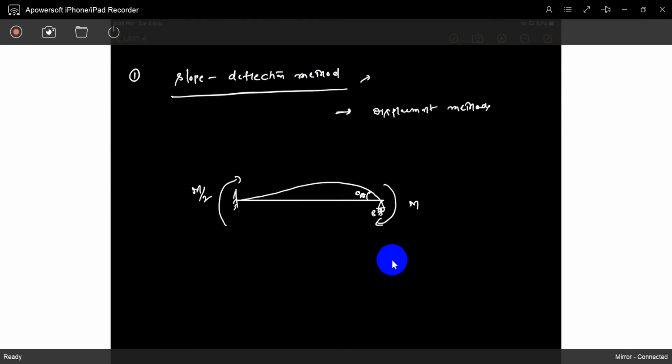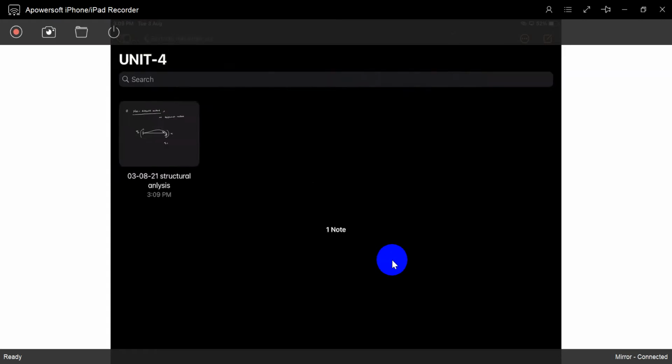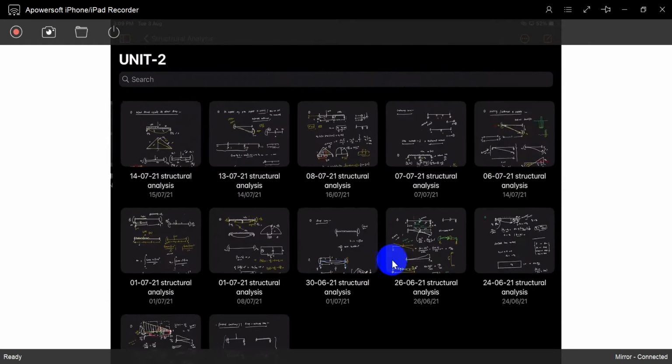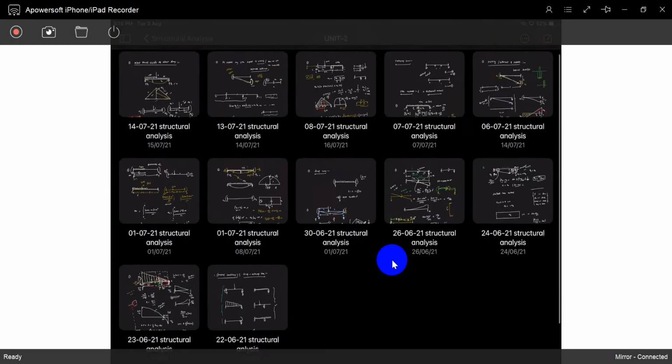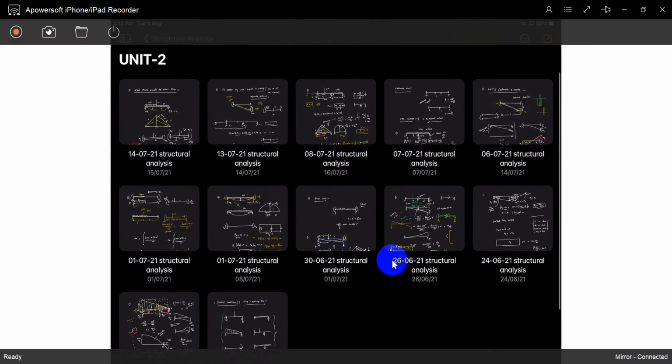Also, what is theta? What is deflection? What is theta B if moment M is applied? We also calculated that theta. If you want to find out, you can.